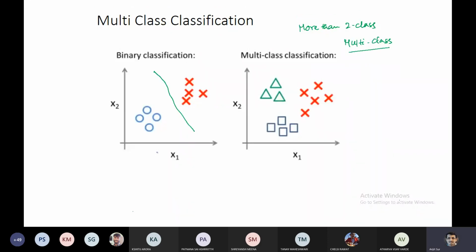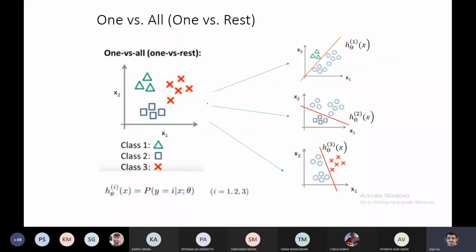If we have multiple classes, we actually do a very interesting thing. We use the binary classifier and we repeat it. This is called one versus all, or one versus rest. Since this is a classification, let's say this is a cat, this is a dog, and this is a horse.